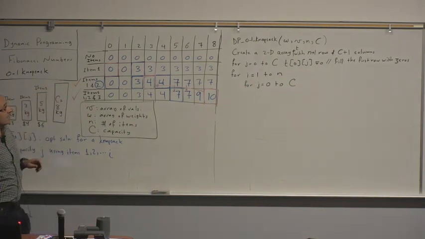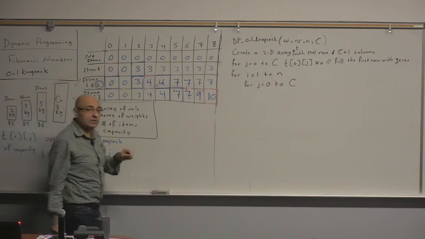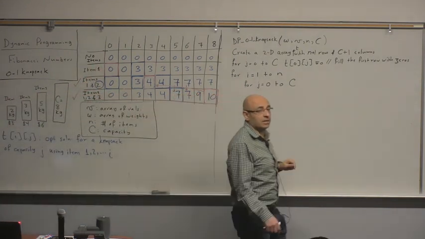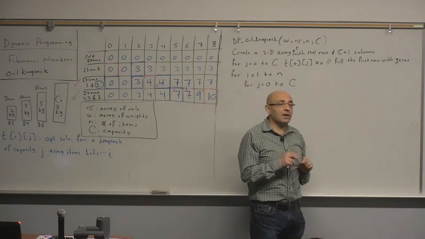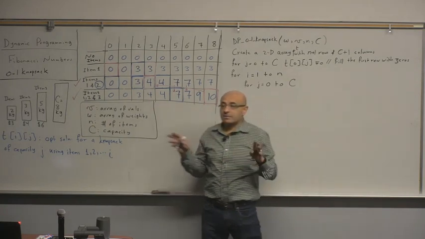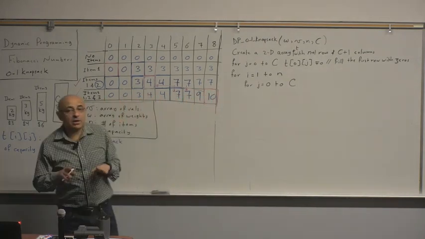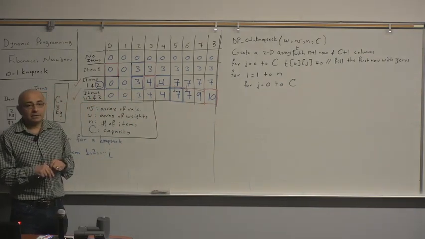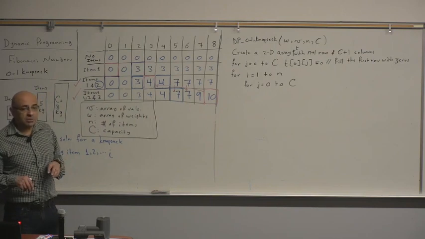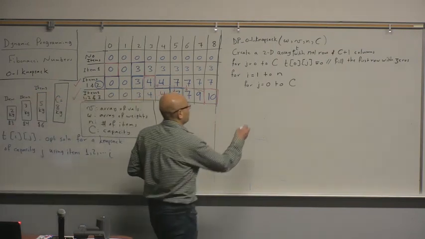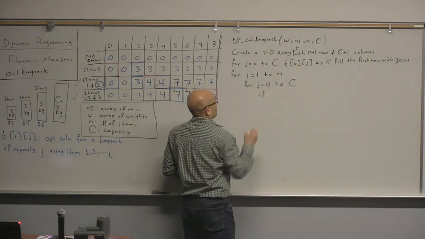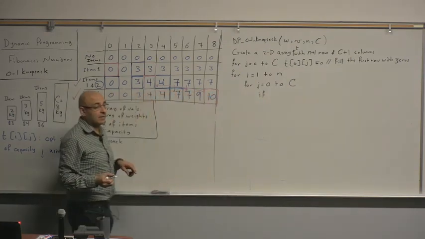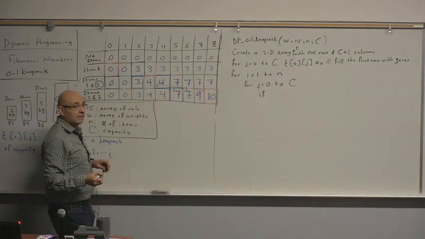Now I have two cases. Remember that first I had to determine whether the item is an option or not. So if the item is not an option, I will not have to compare taking against not taking. So if the item is not an option, how do I detect that? If the item doesn't fit. Weight is greater than capacity.